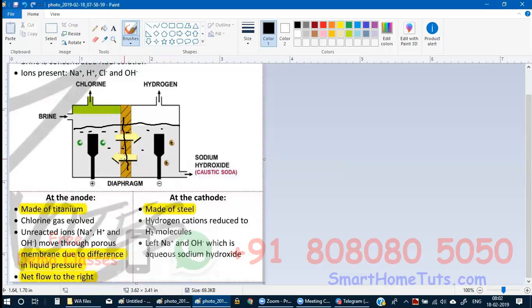And you don't need to know which substance is flowing from where to where. And here obviously you can see chloride ions, Cl minus, is decreasing because here chlorine gas is formed. So in that way, to balance the concentration, the chloride ions will come in this direction. That's what is there. Okay.